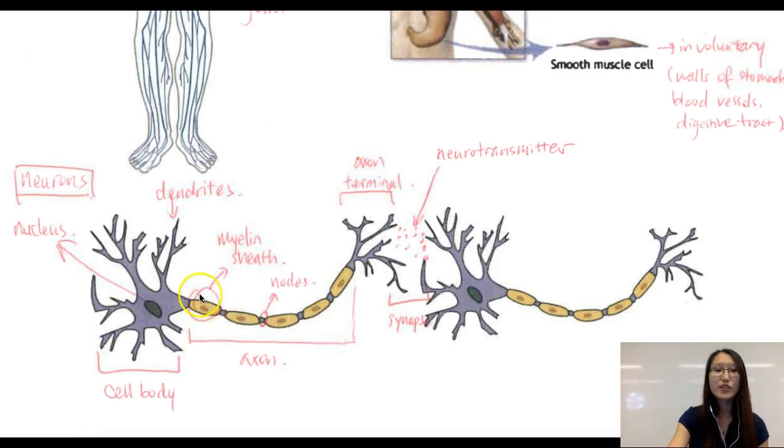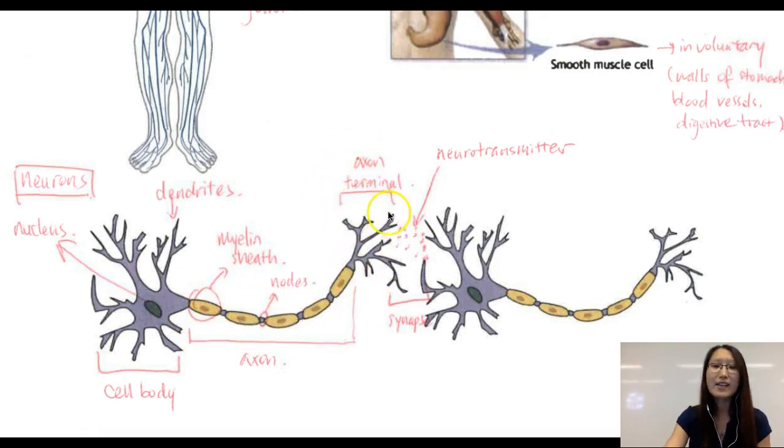One is called the myelin sheath. The myelin sheath are cells that insulate the axons to allow the electrical signal to go through the axon a lot faster, because the signal can jump like this. Myelin sheaths are also cells, because as you can see right here, they have a nucleus. And these parts where the signal jumps are called nodes.